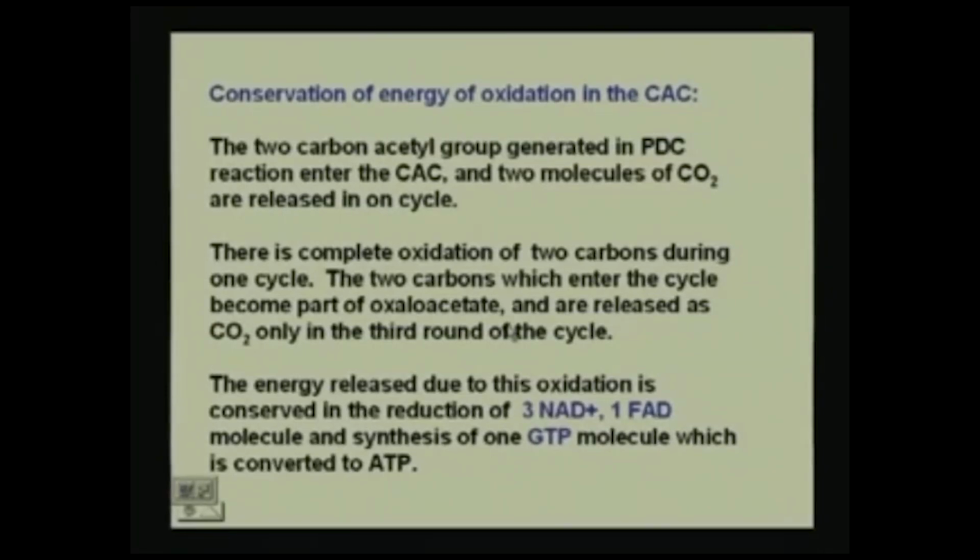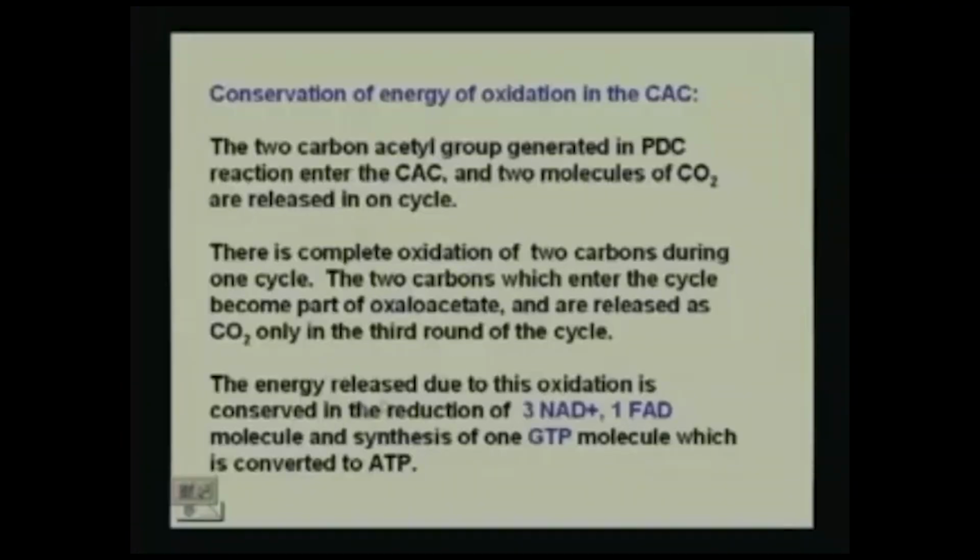So you've got to keep track, because they come down one after the other, and that's how they are released. The energy released due to the oxidation is conserved in the reduction of 3 NAD plus, 1 FAD, and the synthesis of 1 GTP molecule, which is converted to ATP.